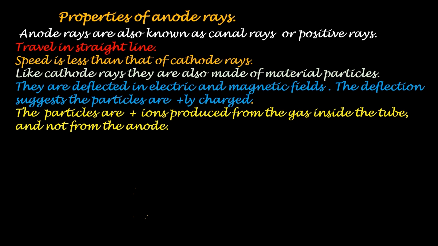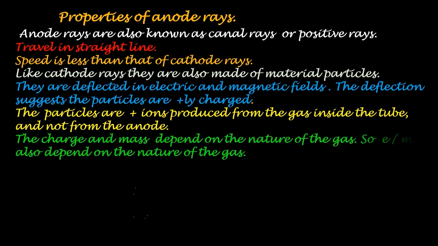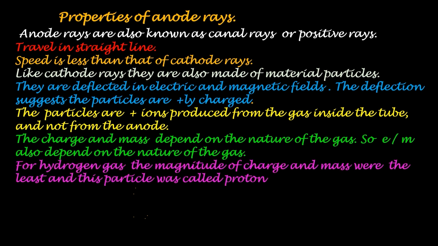Whichever material was used as the cathode, the rays showed the same property. But here, when the gas inside the tube was changed, their property also changed. The charge and mass of the material particles depend on the nature of the gas. So, the charge mass ratio also depends on the nature of the gas. For hydrogen gas, the magnitude of the charge and mass of the particle were the least, and this particle was called proton.